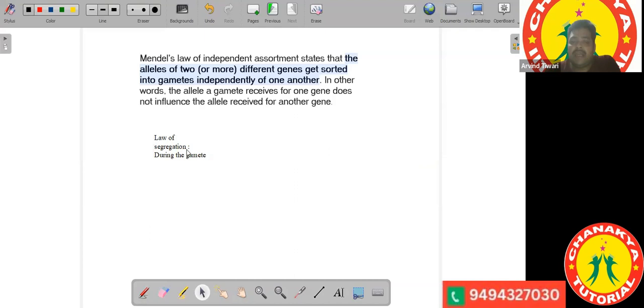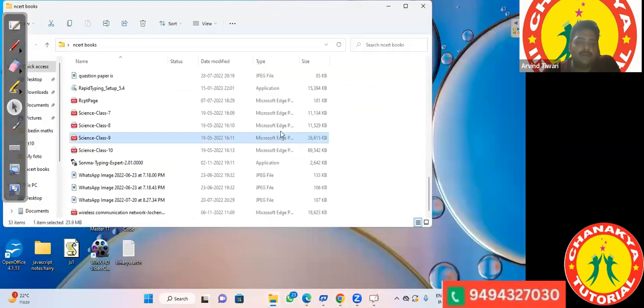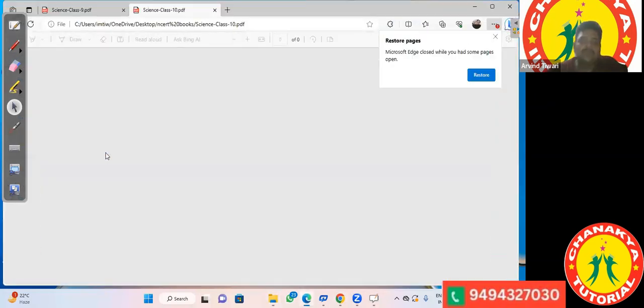I will add it to your notes. Now with this, we are clear with what all Mendel did. Let's see if anything is left out from the book.